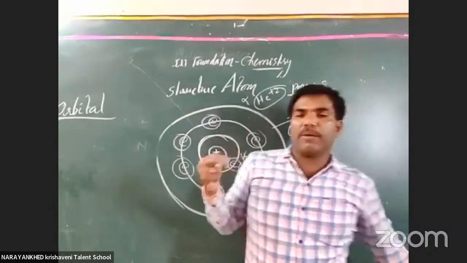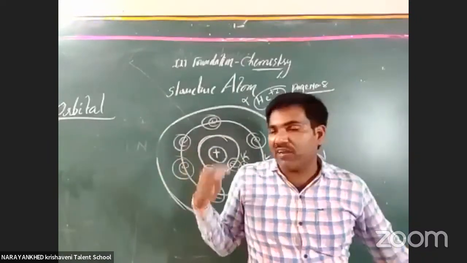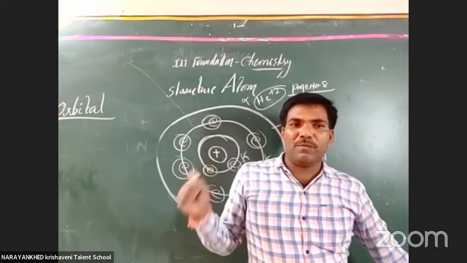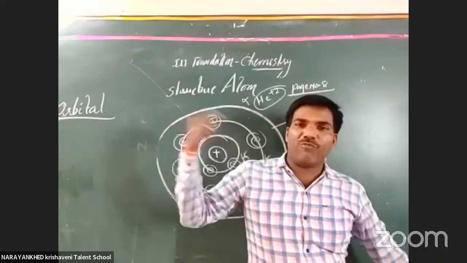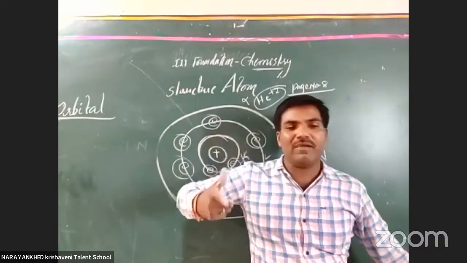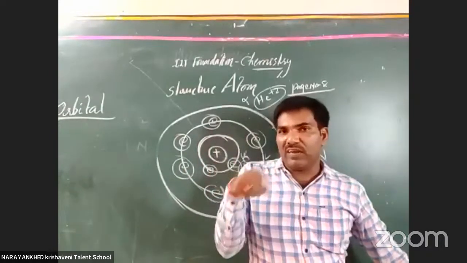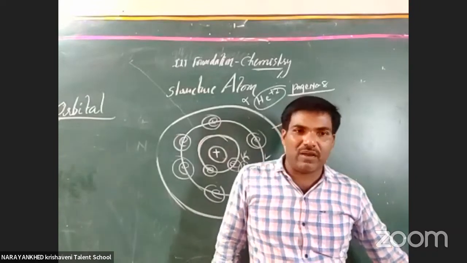There are two types of forces acting when a body is revolving in a circular path. One is centripetal, another one is centrifugal. Centrifugal is nothing but away from the center. Centripetal is nothing but towards the center. When one body is moving in a circular path, two forces are working on that body.